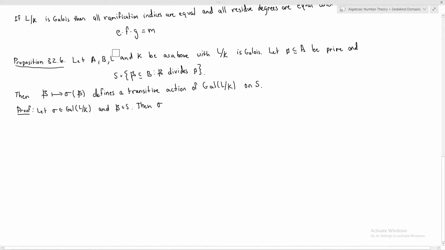So the main application of this is going to be in this setting where A and B are the rings of integers in number fields L and K, right? So in that setting, we don't run into any issues because the Galois group certainly preserves the ring of integers. So let's just make a slight change to these things.